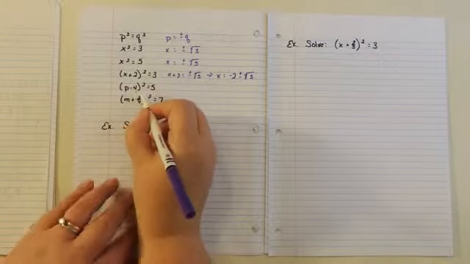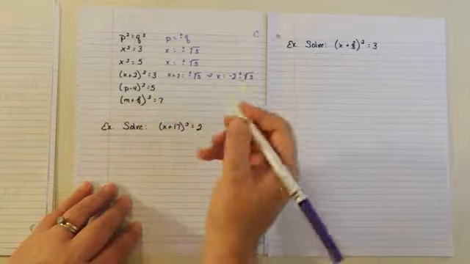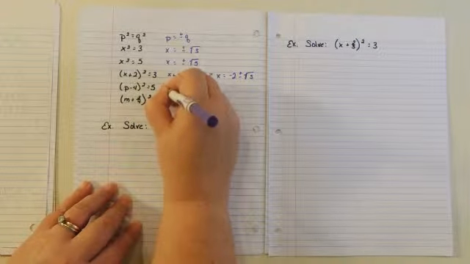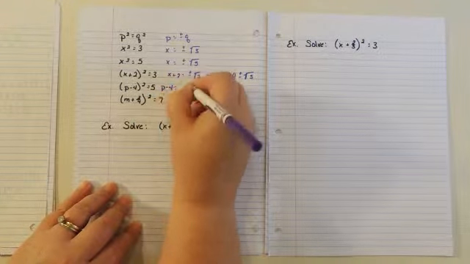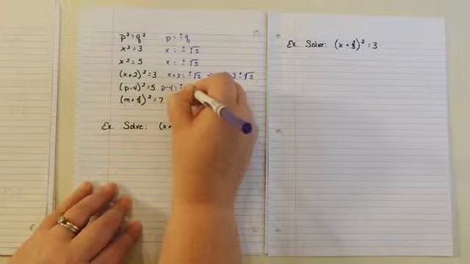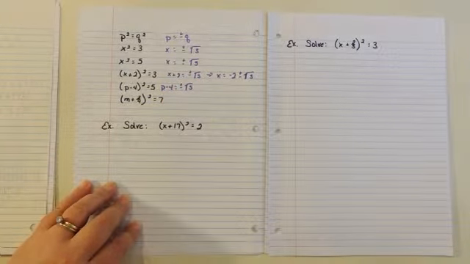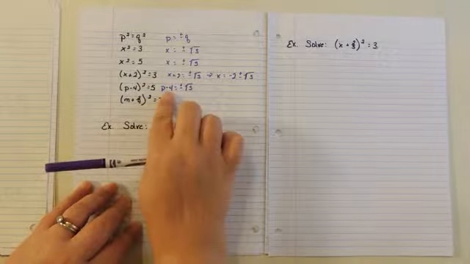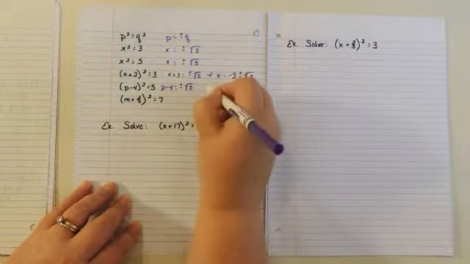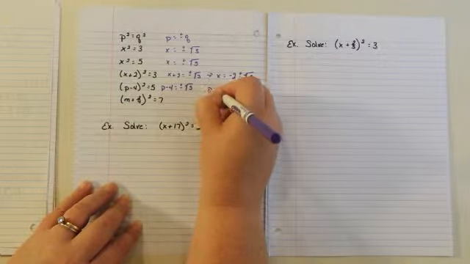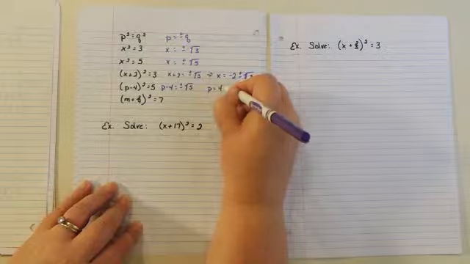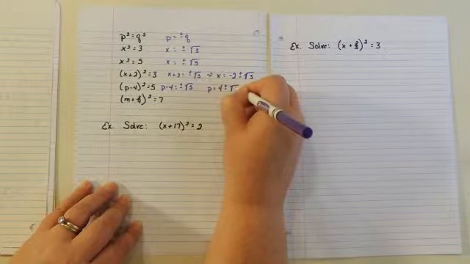If p minus 4 quantity squared equals 5, then p minus 4 equals plus or minus the square root of 5. We add 4 to both sides to get the p by itself, and p equals 4 plus or minus the square root of 5.